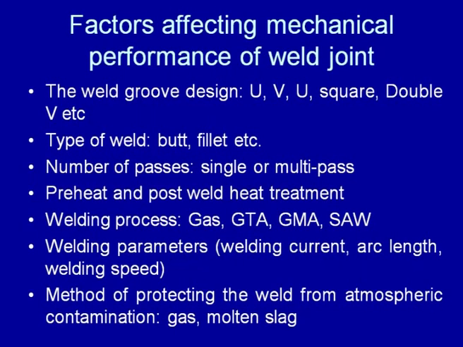And then the method of protecting the weld from atmospheric contamination. If inert gases like helium and argon are used for protecting the weld pool from atmospheric gases, then the properties of the weld joint will be much better than the case when self-shielded arc or shielded metal arc welding is used, where the gases are supplied by the thermal decomposition of the flux.